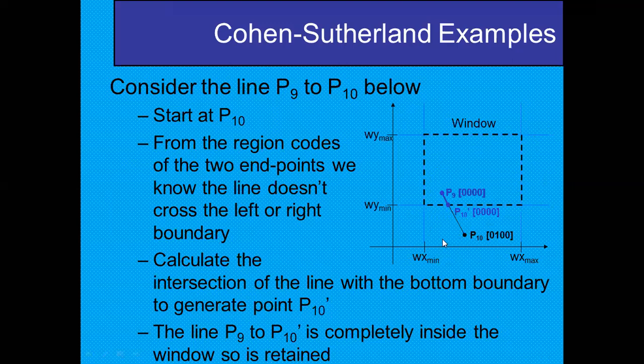Now you have already divided into 9 regions, and you are already aware of the 4-bit codes. If it is lying in this region, then we can assign 0100. Similarly, if this is lying inside, then you can assign 0000.